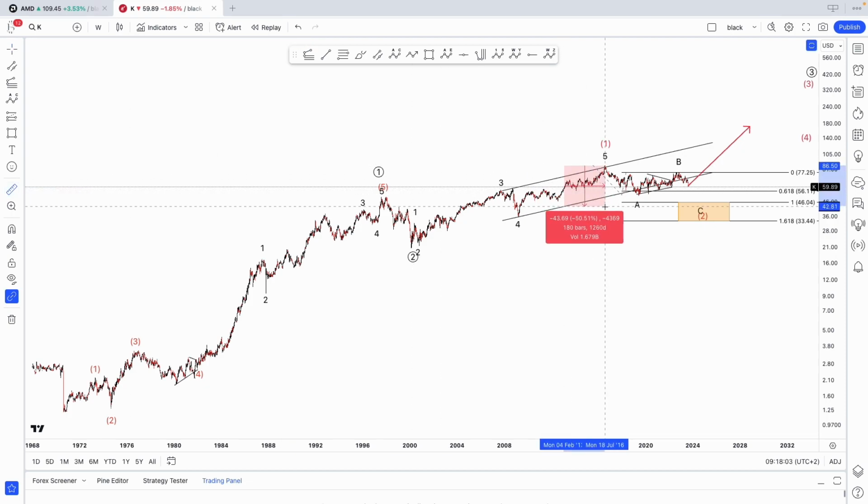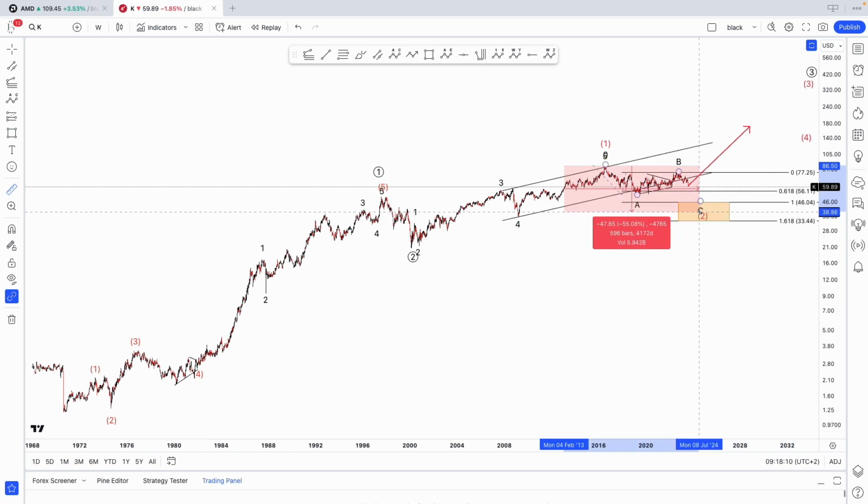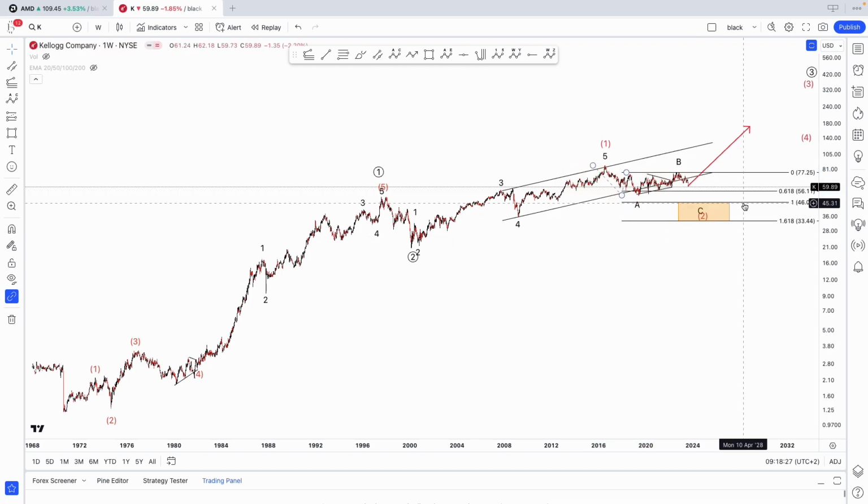Therefore, as you can see here, I would ideally like this wave 2 to be shallower than wave 2 of primary degree. Therefore, I would prefer that we stay away from that 60% equality and aim more towards perhaps a 46% here, which stands at equality, so $46. Now that was briefly the 2 main counts that I had in mind.